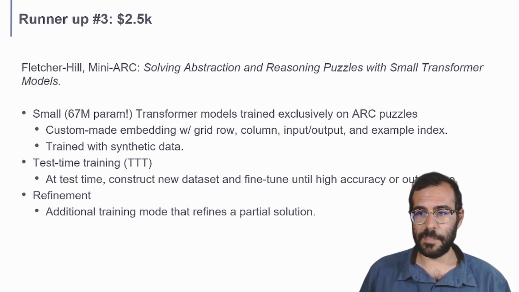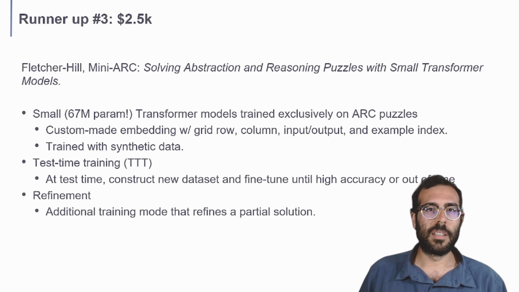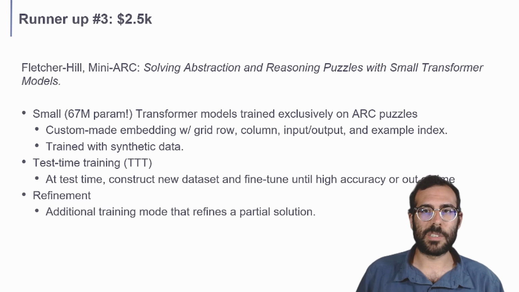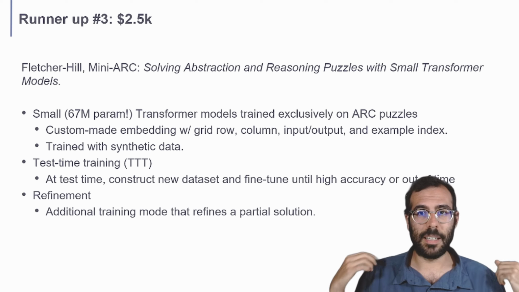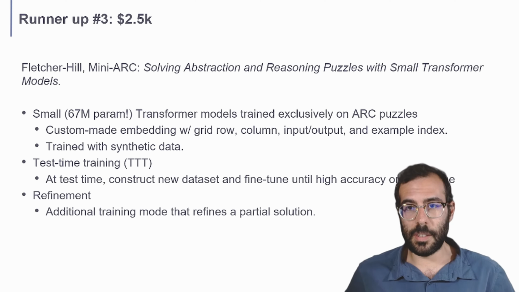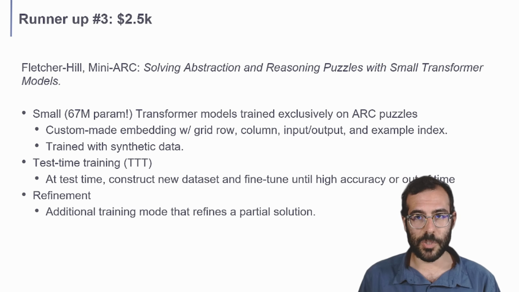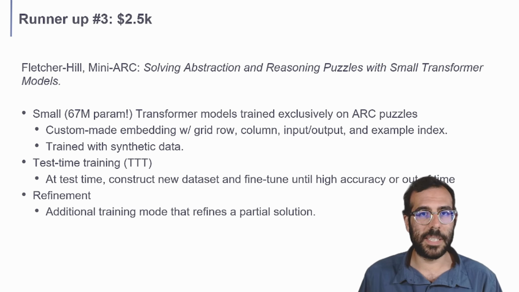Then we have this paper by Fletcher Hill, mini-ARC: Solving Abstraction and Reasoning Puzzles with Small Transformer Models. And the main idea here is, what if we try to use a tiny transformer and train it from scratch just on the ARC challenge data? So this is a tiny model, 67 million parameters, trained just on ARC puzzles.